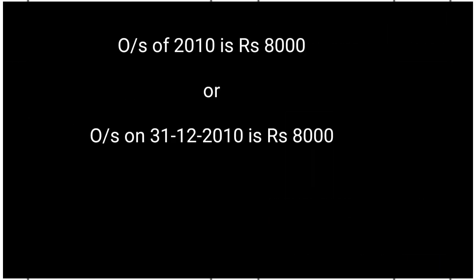Sometimes in your question they will provide either outstanding of 2010 is rupees 8,000, or outstanding on 31st December 2010 rupees 8,000. Are both the same? No, there is a big difference.